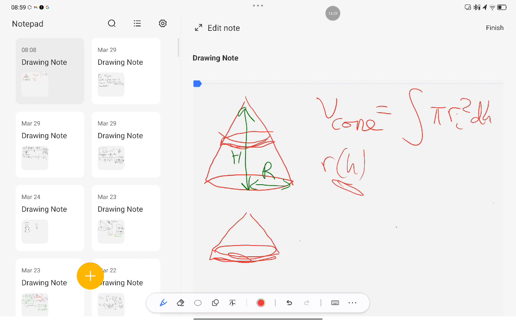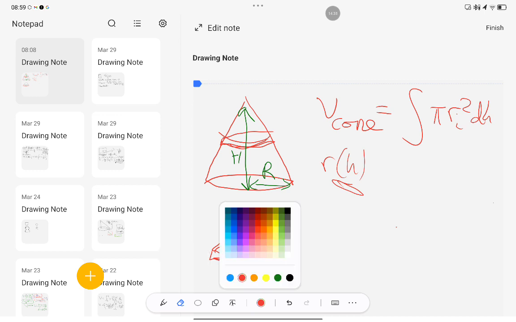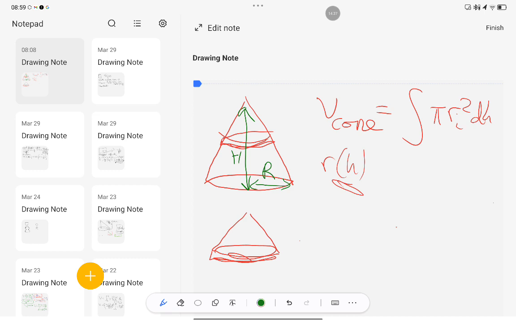This cone, the bottom radius of this truncated version is small r, and it has a height small h.